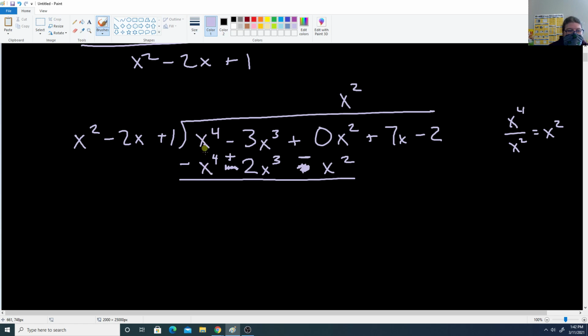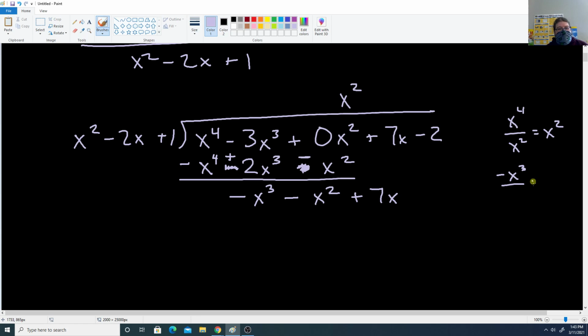X to the fourth and negative x to the fourth cancel. Negative 3x cubed plus 2x cubed gives us a negative x cubed. No x squareds minus an x squared gives us a negative x squared. And we get a plus 7x. So negative x cubed is our new leading term.